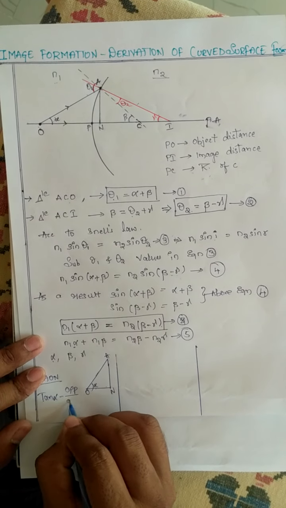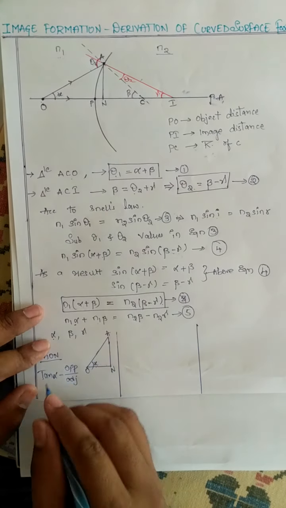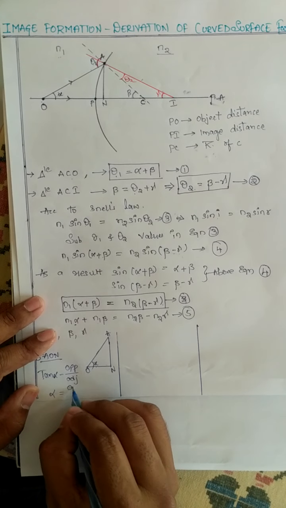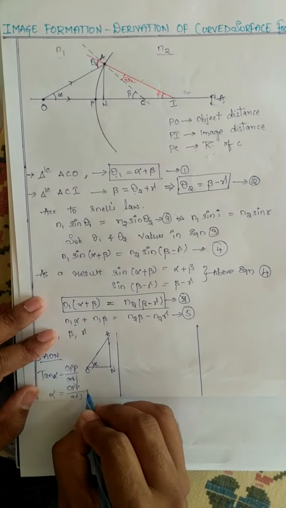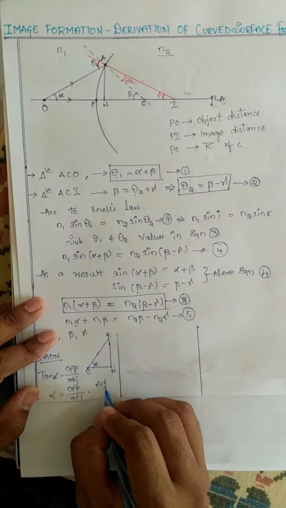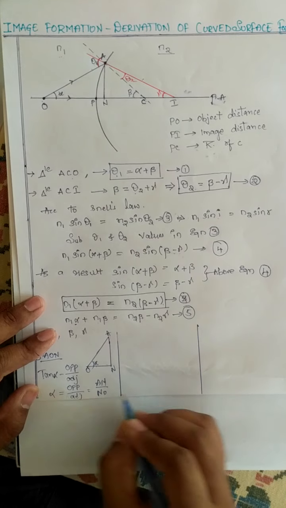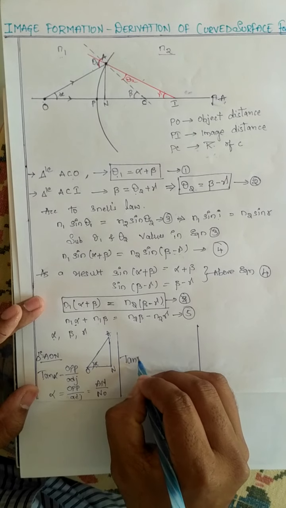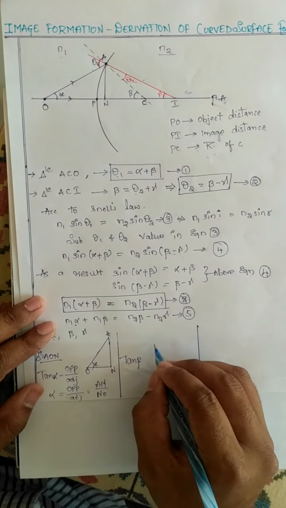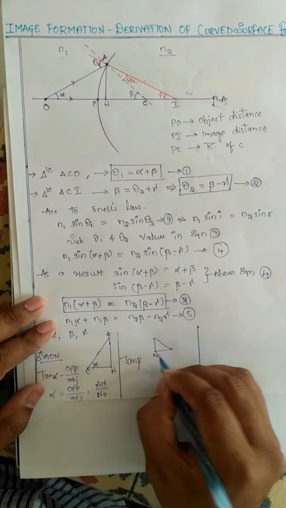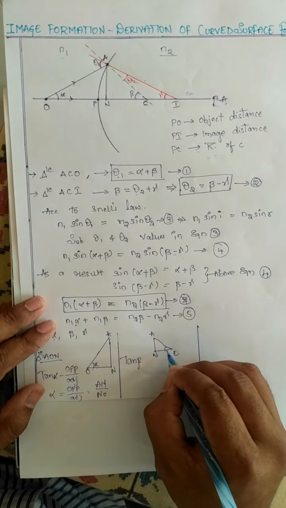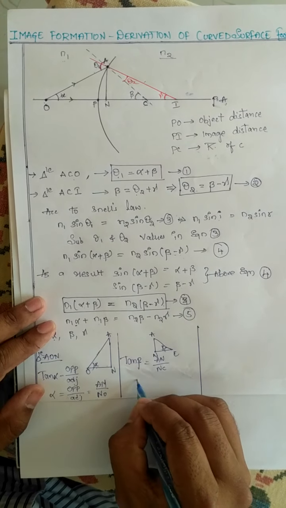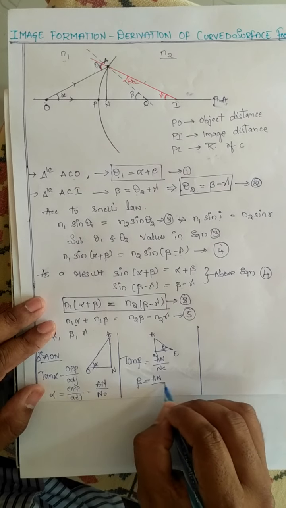Since alpha is a very small angle, I can take alpha equal to opposite by adjacent, which is AN by NO. To find beta, tan beta in the triangle NAC, this is beta, so beta is equal to AN by NC.